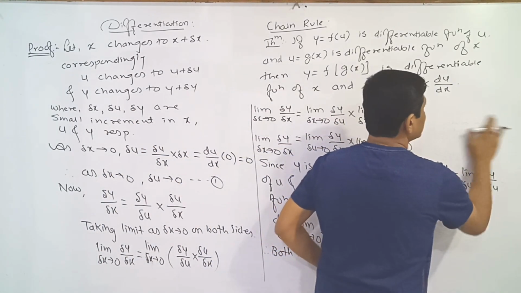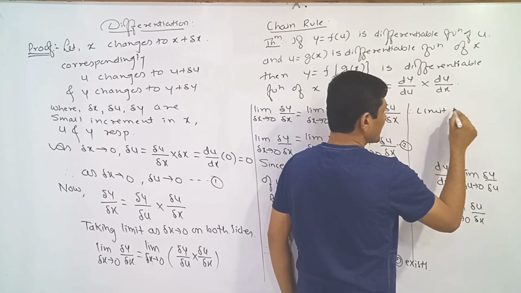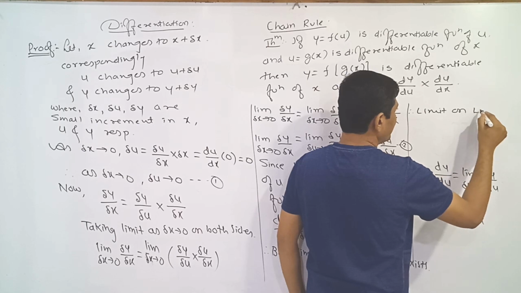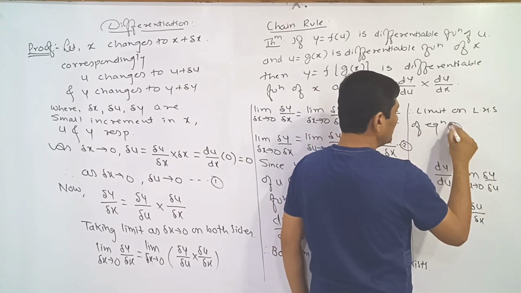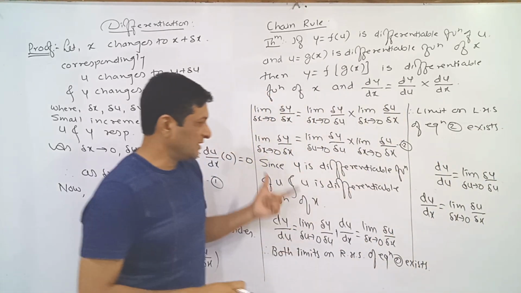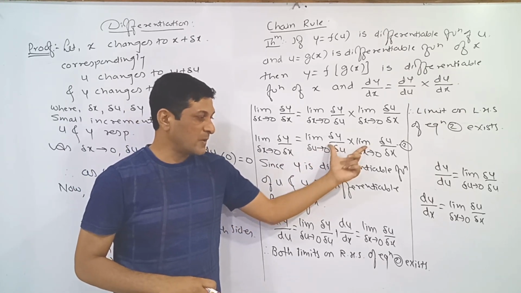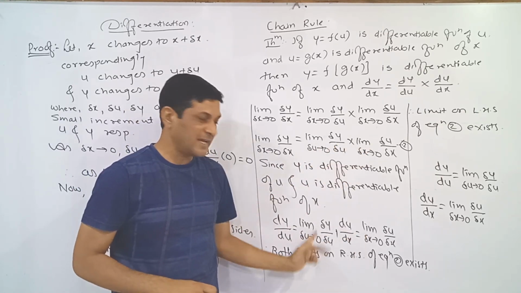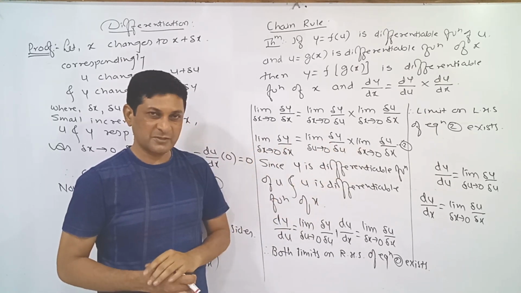So therefore, we can say that the limit on the left hand side of equation 2 exists. Hope you have got it. So this limit on the left hand side depends on both these limits. But according to the given condition, both these limits exist. If this limit exists, we can say that this limit also exists.